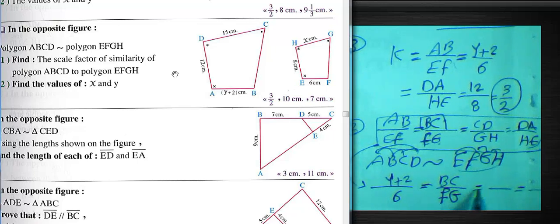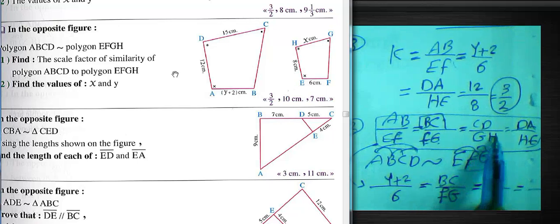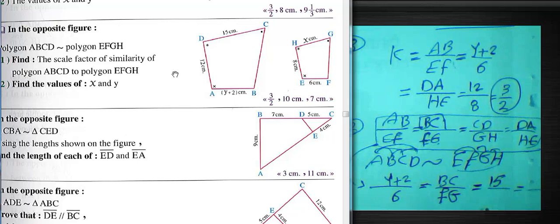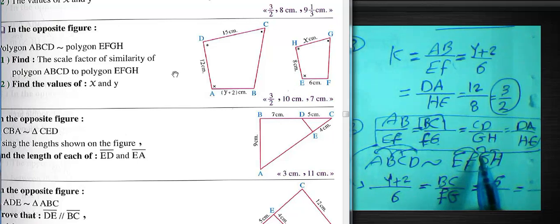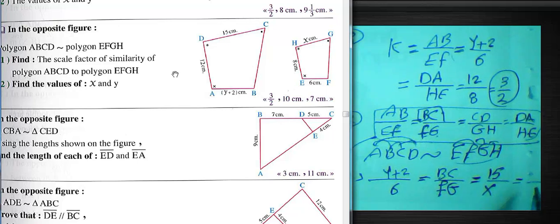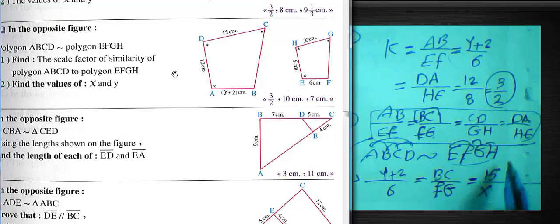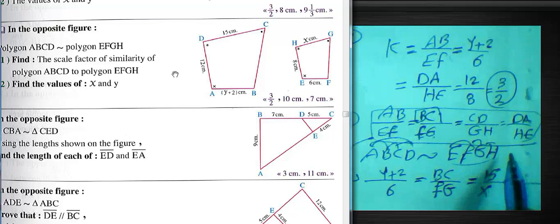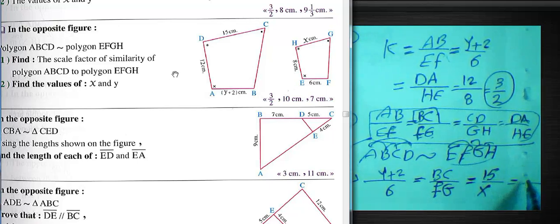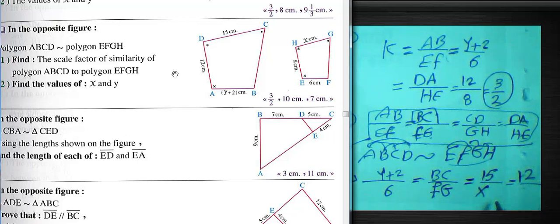We'll write here CD 15 and GH x. And what about DA? The length of DA equals 12. HE equals 8.